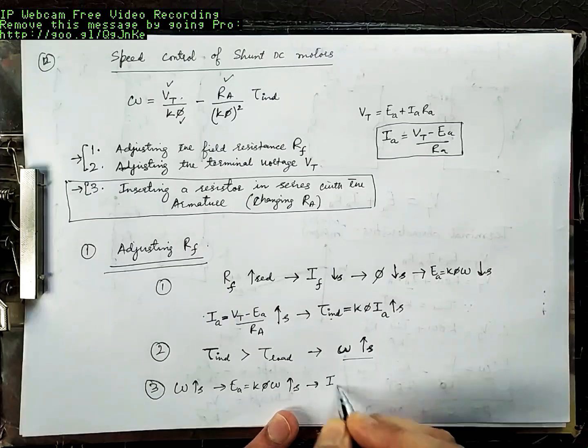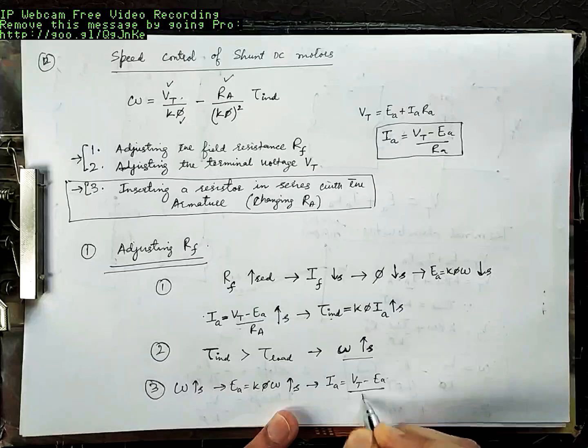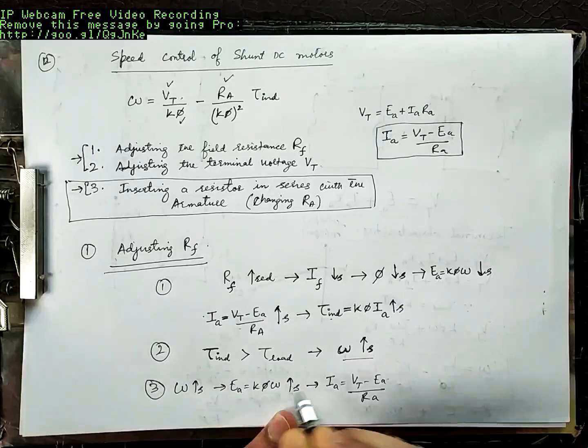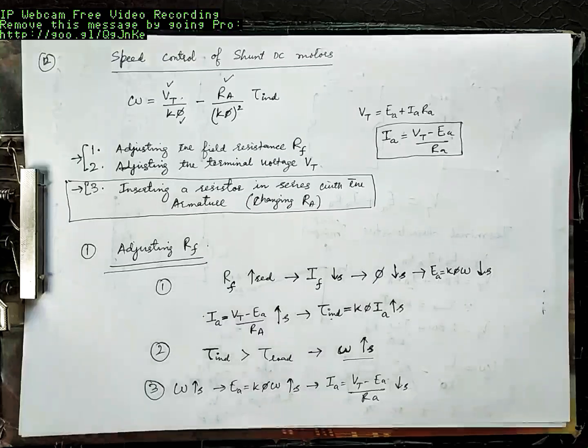Armature current IA equal to VT minus EA by RA. EA increases, so IA decreases.